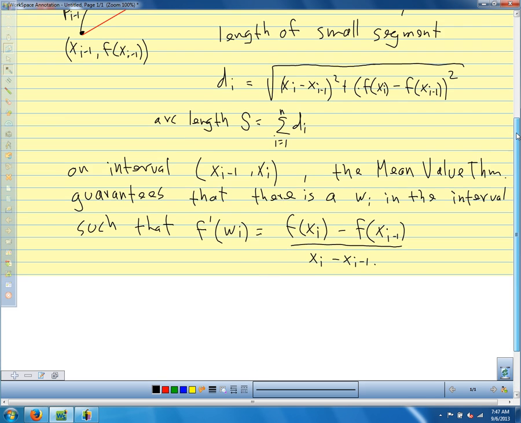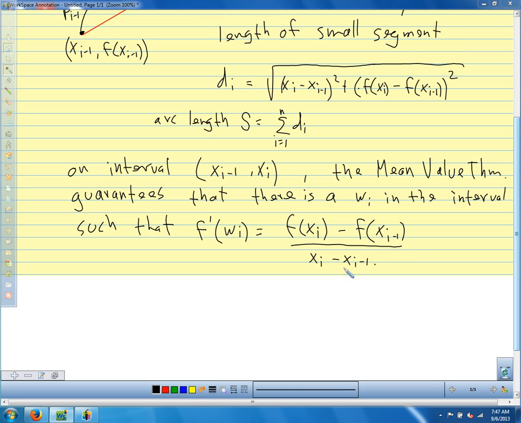Because what we're trying to do is somehow manipulate this into something that we can actually use. So I'm going to rearrange this, and I'm just going to multiply by the denominator here.